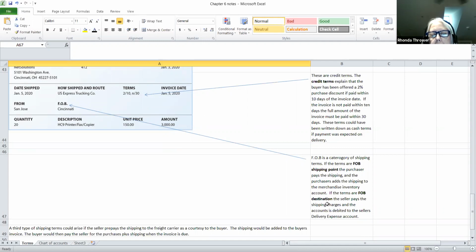So if it's FOB destination, if this had said FOB destination here, the seller pays the shipping charges and the account that the seller uses is a debit to delivery expense, and this delivery expense would be recorded on the seller's books. So if the terms are FOB shipping point, the purchaser pays, and the purchaser records the shipping on their books. If the terms are FOB destination, the seller pays, and the seller records the shipping on their books.